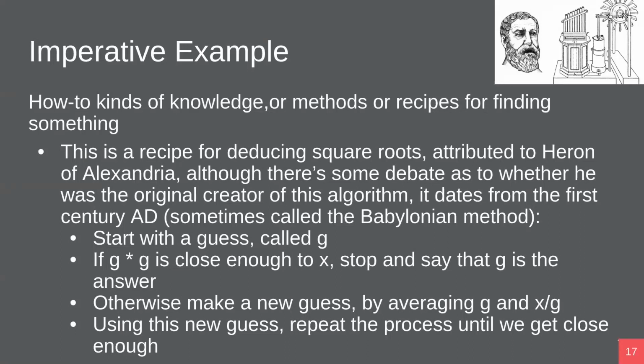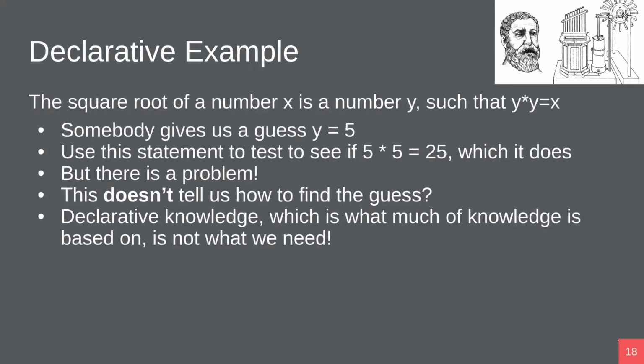Now that's imperative knowledge. That's a series of how-to steps to work out a square root. But the problem with that is that it doesn't tell us how to find that guess. I just told you we could guess that it was 5, and you didn't think anything of it. You said, oh yeah, fair enough, guess it's 5.